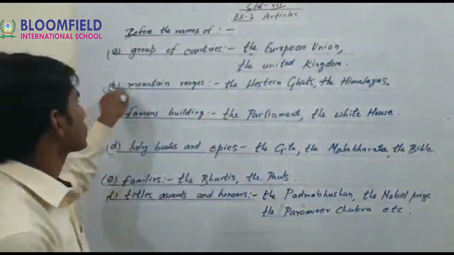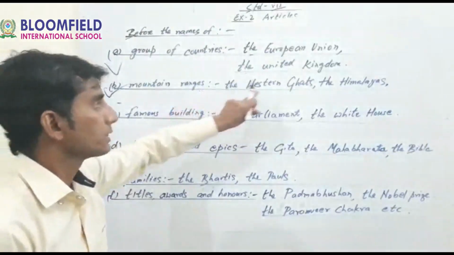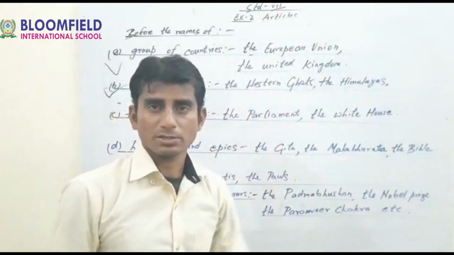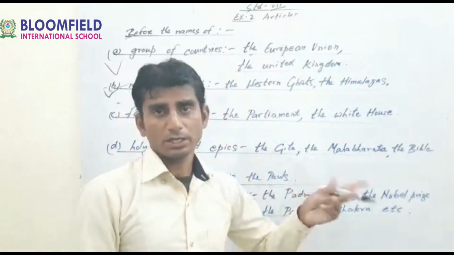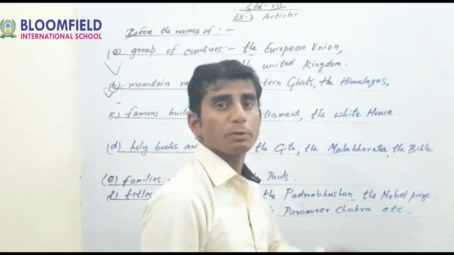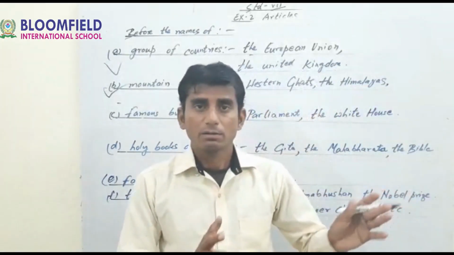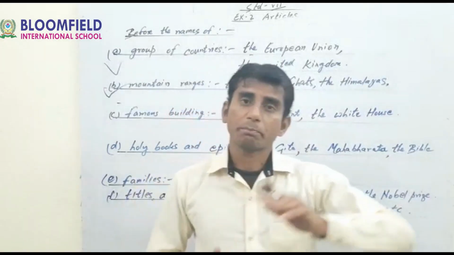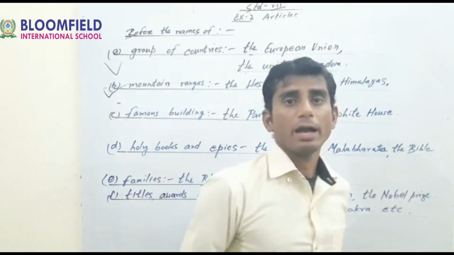Next, mountain ranges: the Western Ghats, the Himalayas. Before any peak you can even use "the". Before any rivers, before any oceans, you can use "the". Before any bay, suppose the Bay of Bengal, the Bay of Aral, etc.